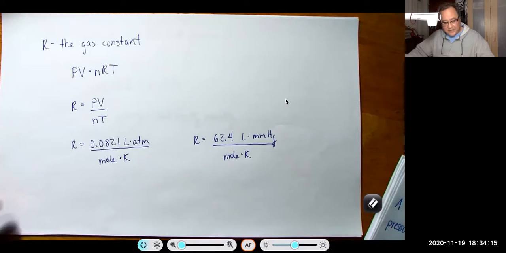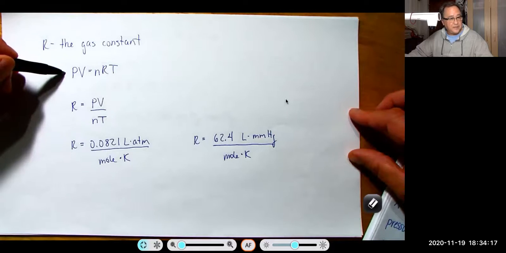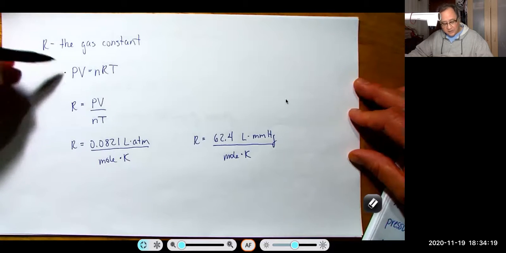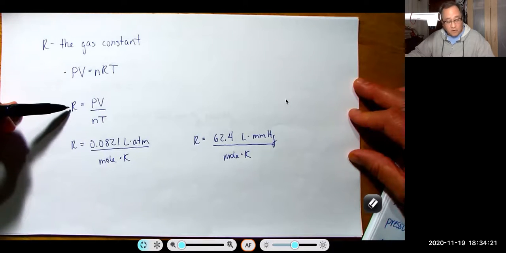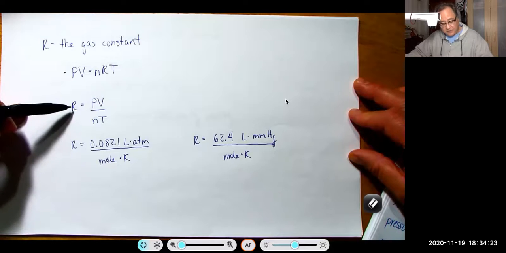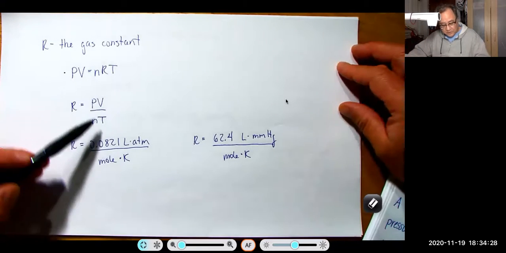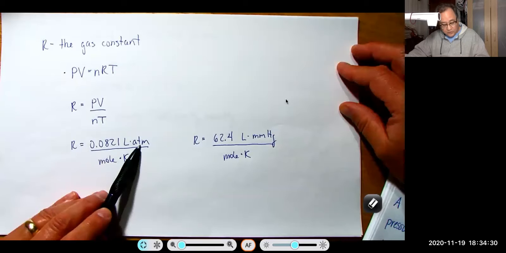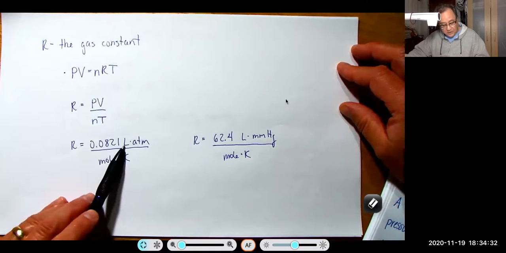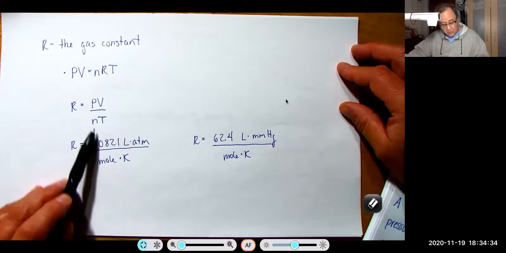So here's the ideal gas law again. And you can see I can rewrite this by solving for R, and I get R is equal to PV over NT. Now, what are the units for pressure? It could be atmospheres. What are the units for volume? Liters. What are the units for N? Moles.